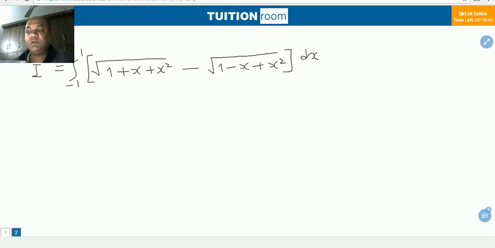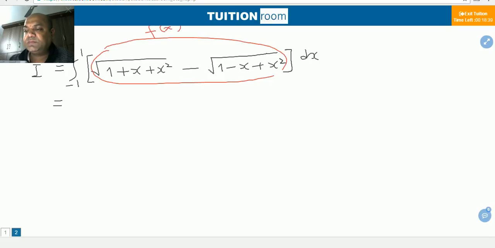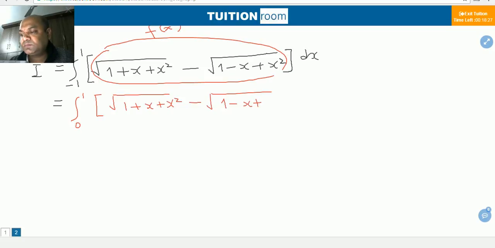Now terms will be cancelled. This gets cancelled by this, and we will get 0 dx, and the answer will be 0. Students, this is a very important property which I taught on the previous page. The integral from minus a to plus a of f(x) dx will be equal to the integral from 0 to a of f(x), then plus sign in between them, then f(minus x), replacing x by minus x in the given function. So you can copy it, then I will proceed for the next problem.